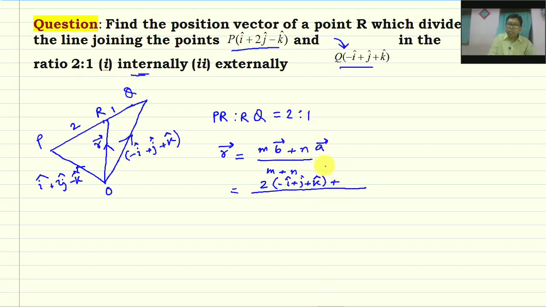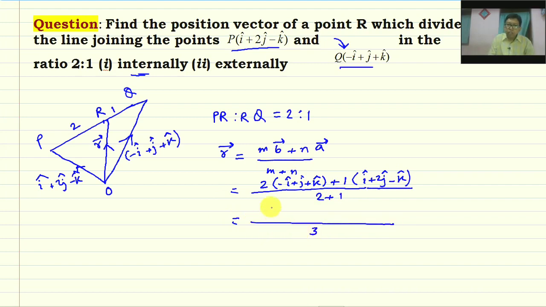The value of n is 1, so 1 times the A vector. The A vector is î + 2ĵ − k̂, whole divided by m + n. What is m? 2, plus 1, which is n.